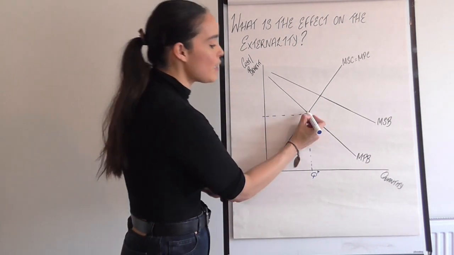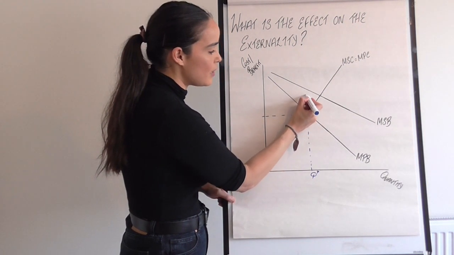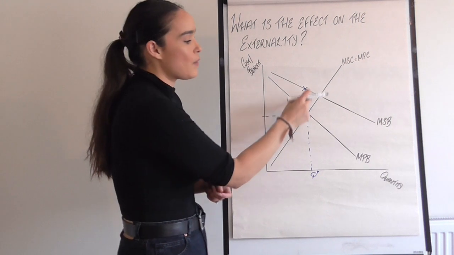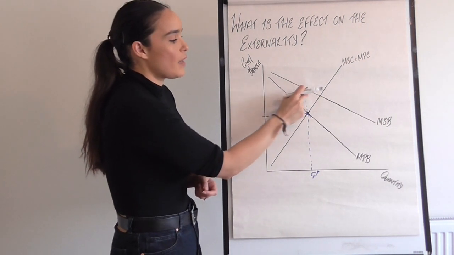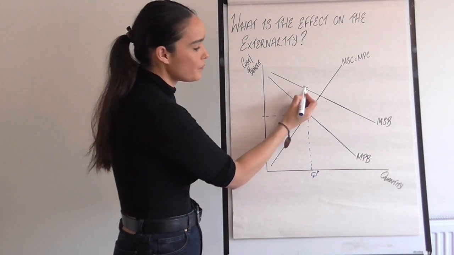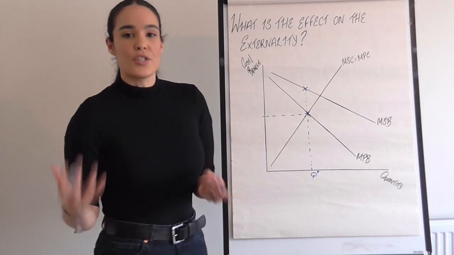But at our private equilibrium, society is actually benefiting this much. So society is benefiting where the marginal social benefit is actually less than the marginal social cost, and therefore we should consume more.